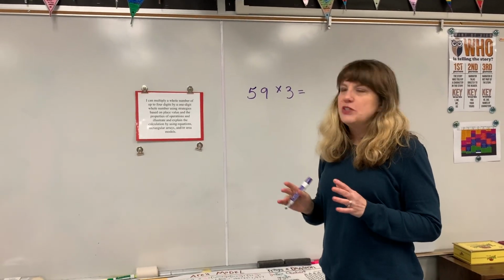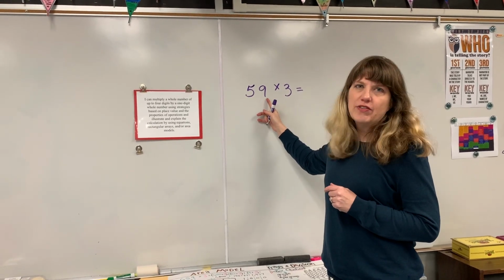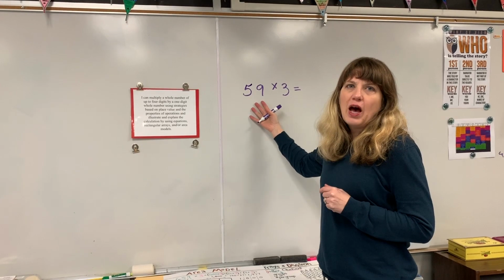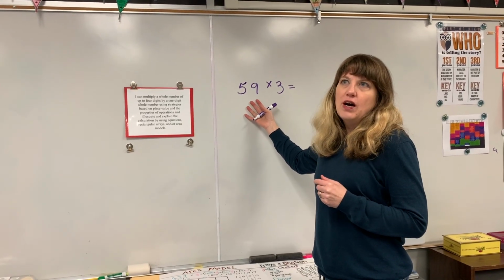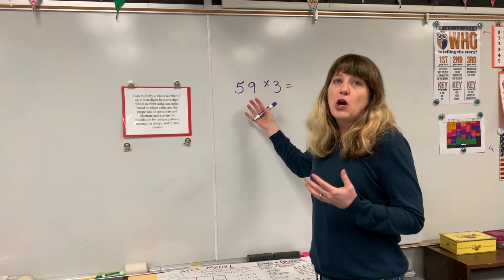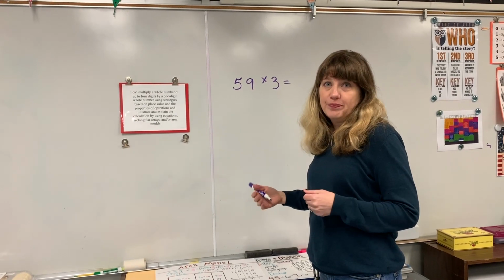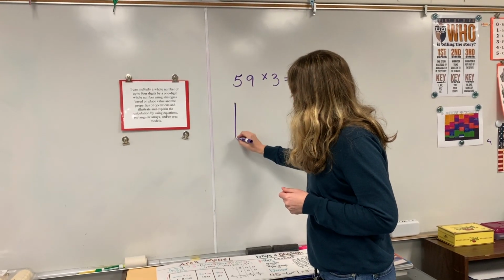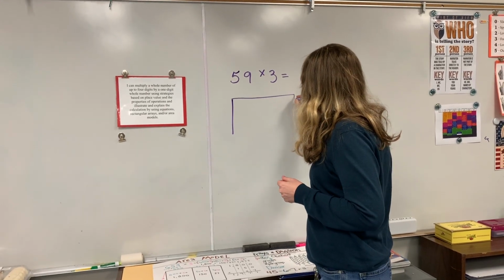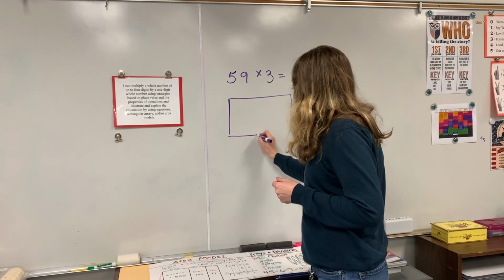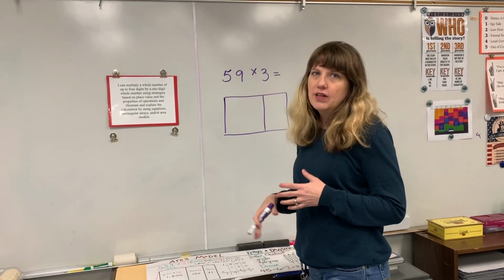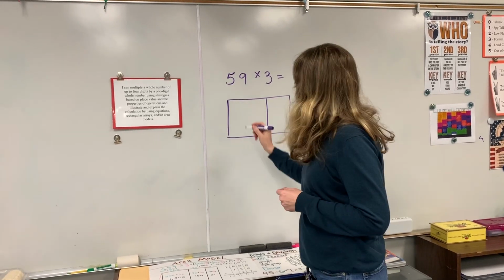And what we do is we take the larger of the numbers that are being multiplied and we break it up into multiplication equations that are much easier to calculate. And we use a rectangle to model how this multiplication works.